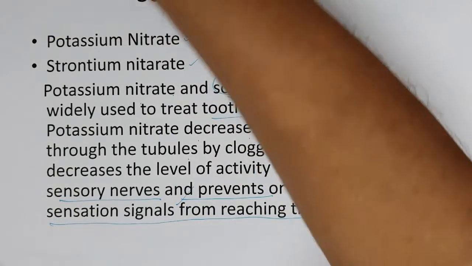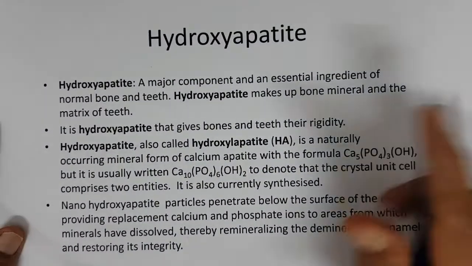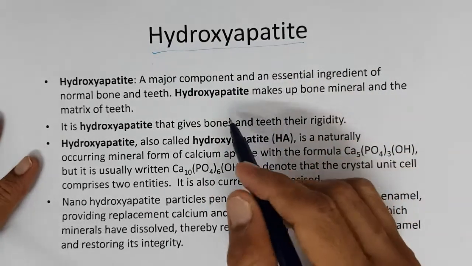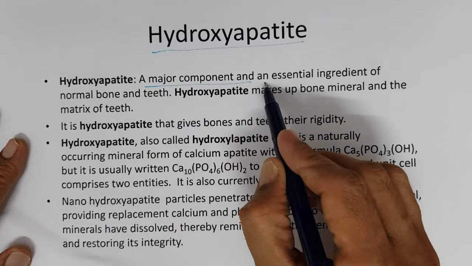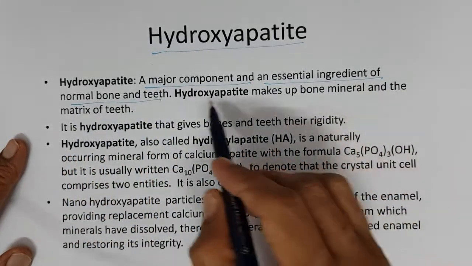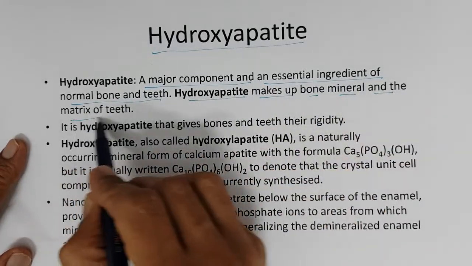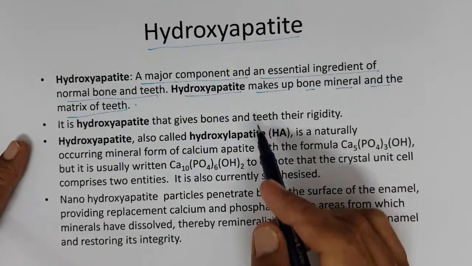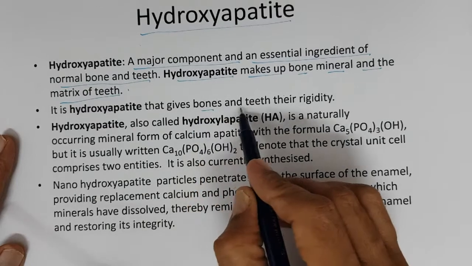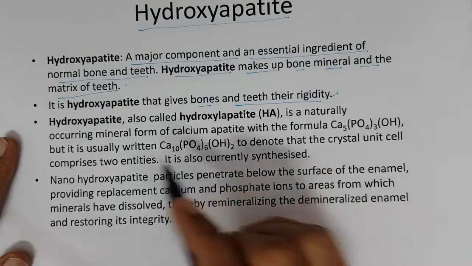Here we have to know about hydroxyapatite. What is hydroxyapatite? A major component and an essential ingredient of normal bone and teeth. Hydroxyapatite makes up bone mineral and the matrix of the teeth. It is hydroxyapatite that gives bones and teeth their rigidity.